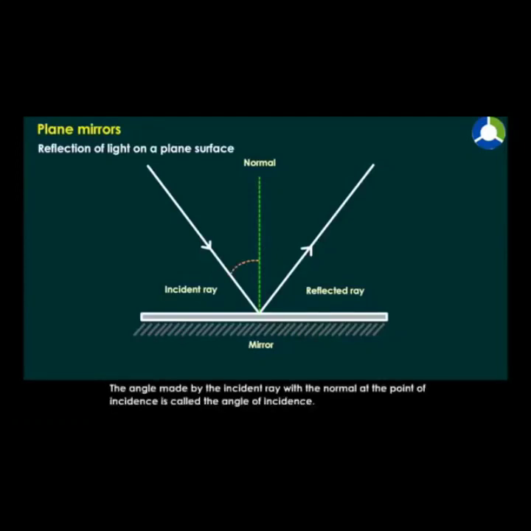The angle made by the incident ray with the normal at the point of incidence is called the angle of incidence. The angle made by the reflected ray with the normal at the point of incidence is called the angle of reflection.